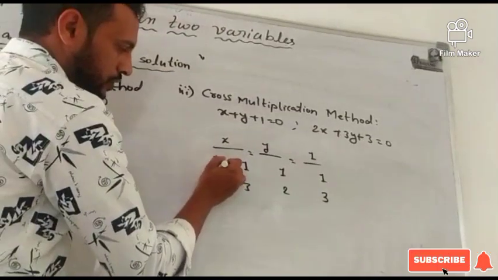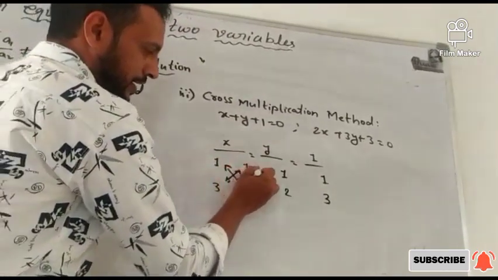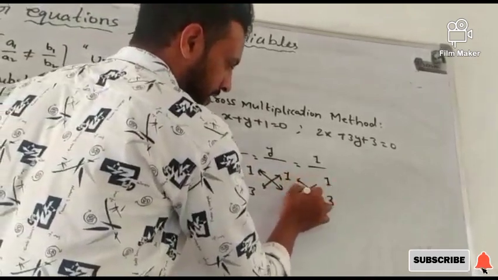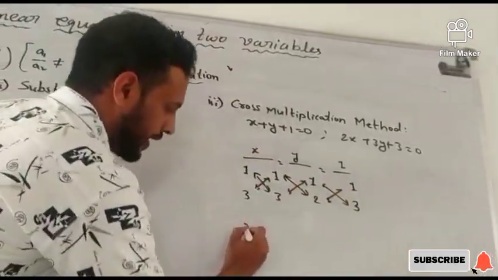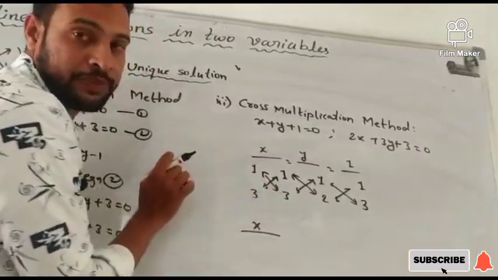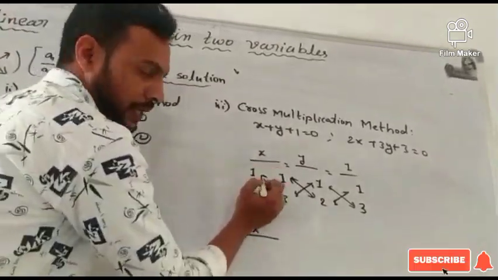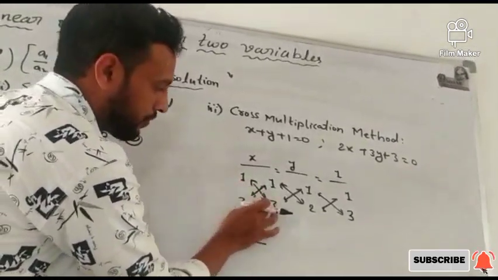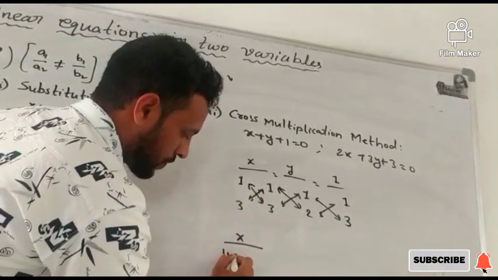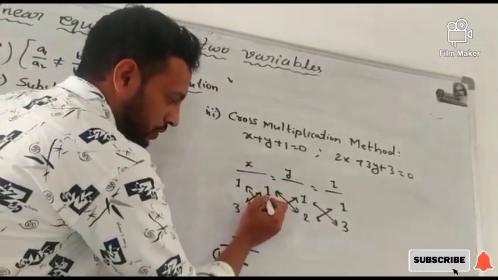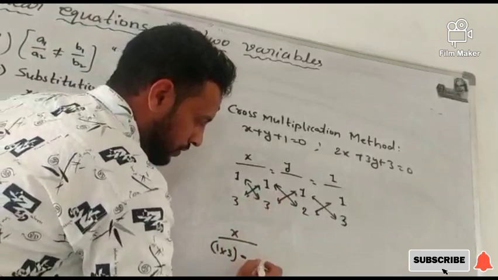Okay. Now do the cross multiplication in the matrices, that is called the determinant. Cross multiplication. So x divided by, 1 AD minus BC. Okay, A B C D. So AD minus BC, this one into this one. Okay, 1 into 3 minus AD minus BC. So how much? 1 into 3.